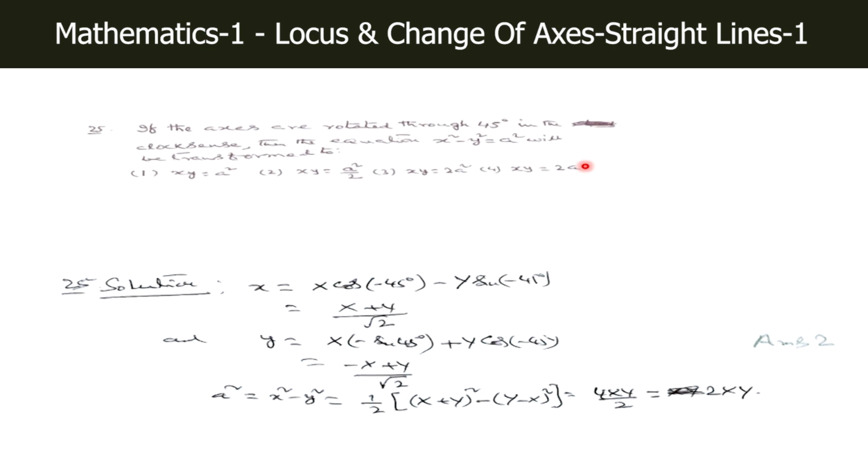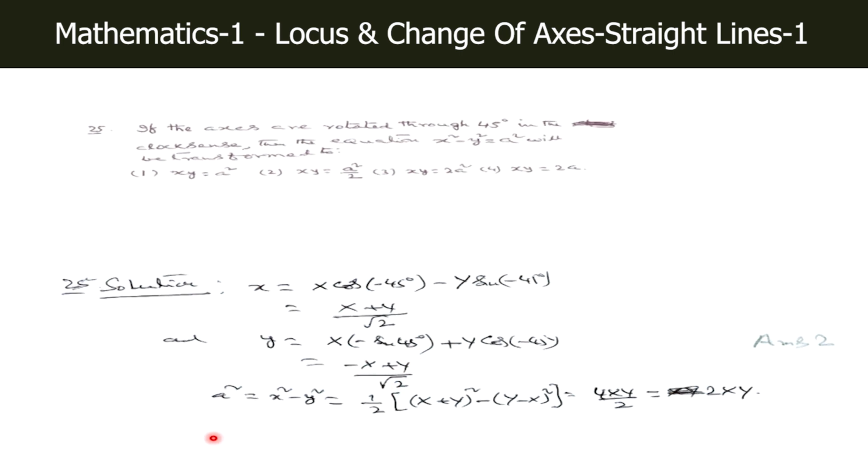So, here small x is equal to capital X cos minus 45 degrees minus Y sin minus 45 degrees, which is capital X plus Y by root 2, and small y is equal to X into minus sin 45 degrees plus Y into cos minus 45 degrees, which is minus X plus Y by root 2.